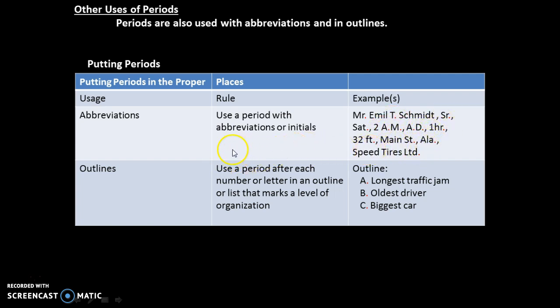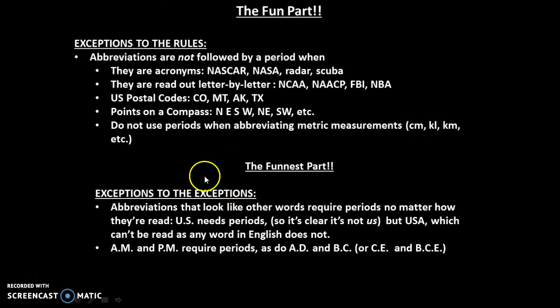Or that in an outline, you need to have periods after each organizational letter or number, in an outline or a list. So we have periods following those. It's the exceptions that tend to throw people off. Here are the exceptions.